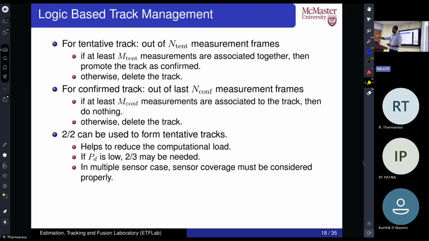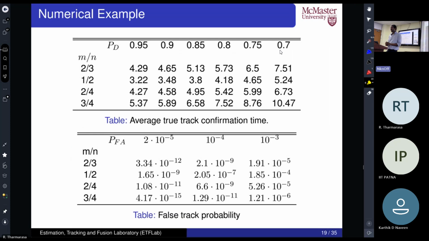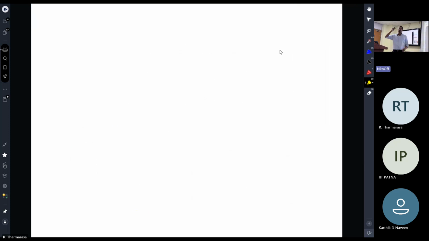Now you remember that we talked about association history, right? So we have a track, and we say whether a measurement is associated or not. When you create a measurement, it's associated.